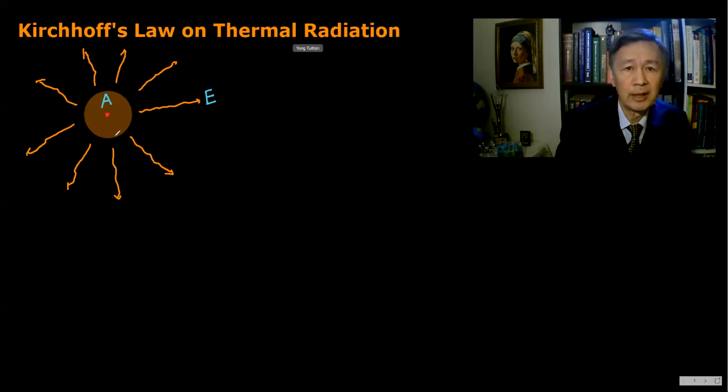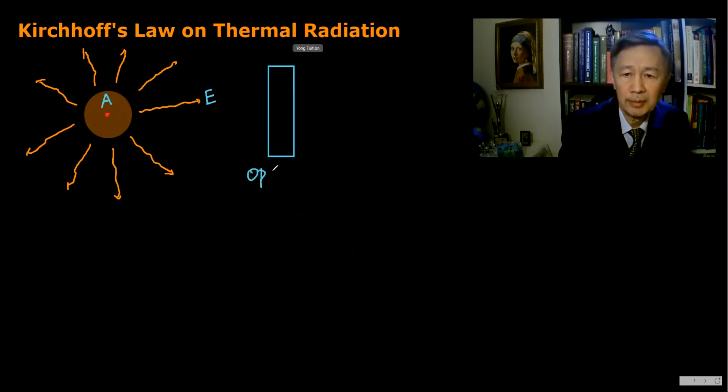Instead, we focus on Kirchhoff's law. So what does Kirchhoff's law say? We consider two scenarios. One is that we consider an opaque object nearby. So this is an opaque object.